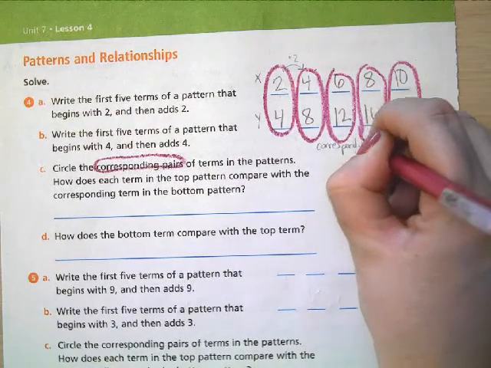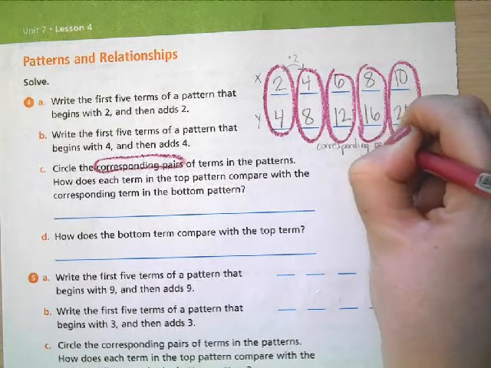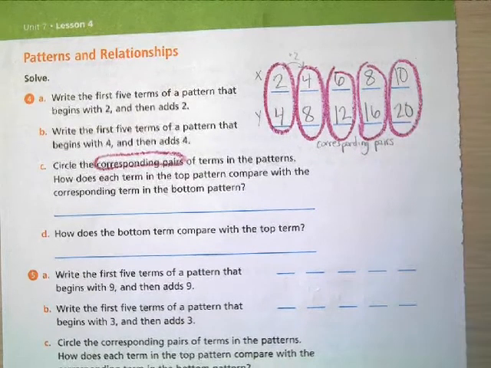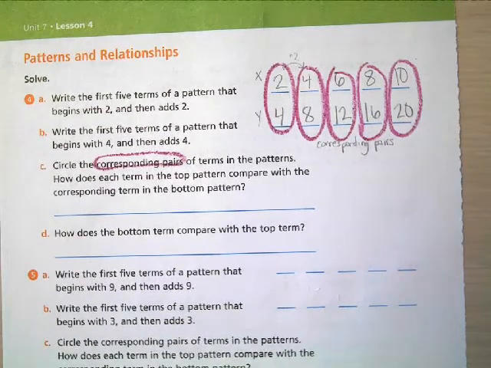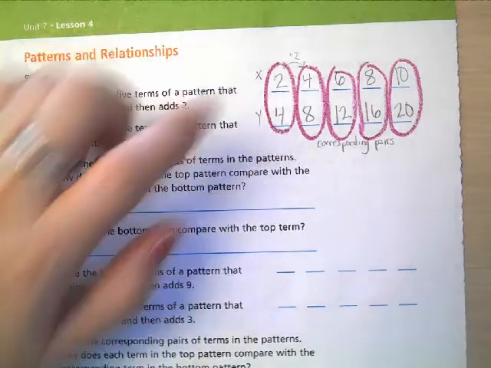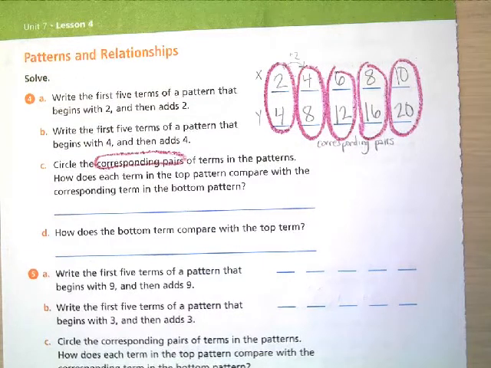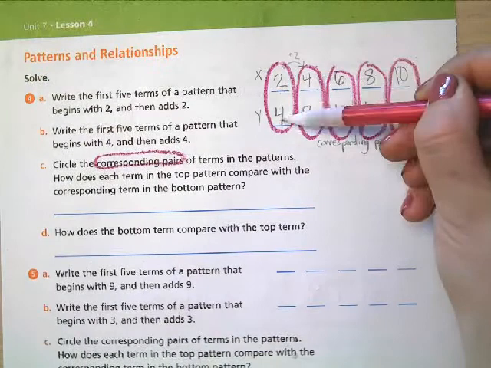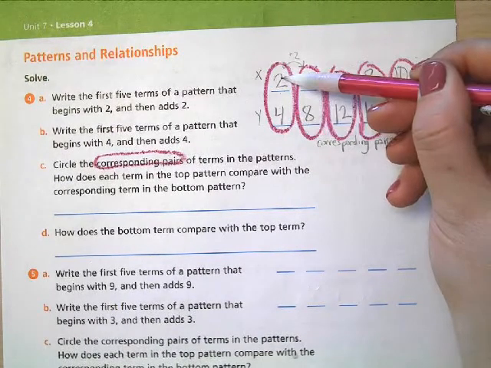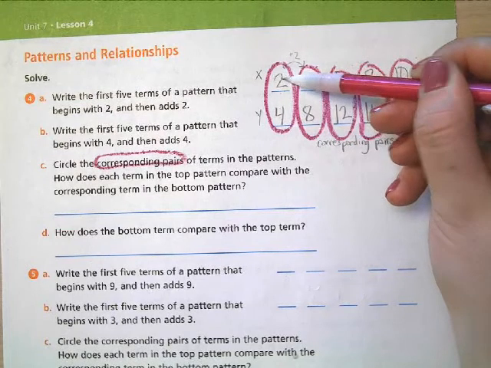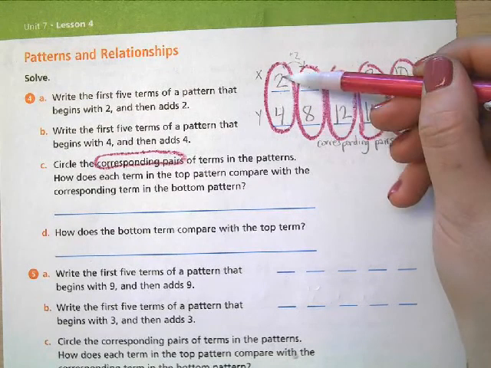So now I figured out 2 patterns, and now I'm looking at them in a different way to figure out corresponding pair relationships. These are all called, go ahead and write it, corresponding pairs. And now it's asking me to look at those relationships and find out the answer to this question. How does each term in the top compare with the term in the bottom? So you're looking at the top compared to bottom.